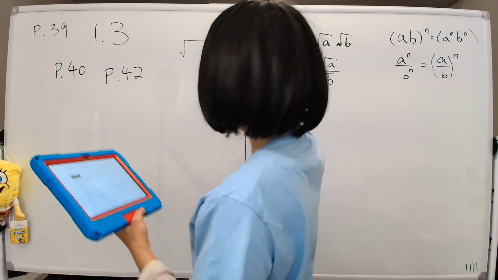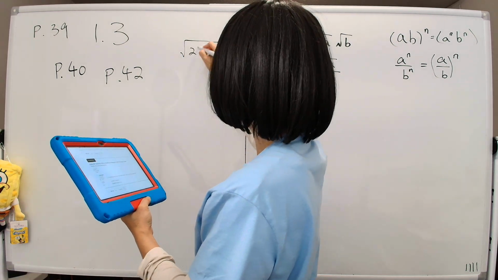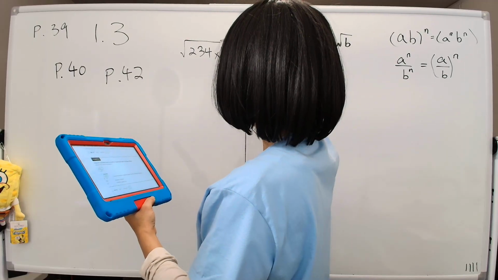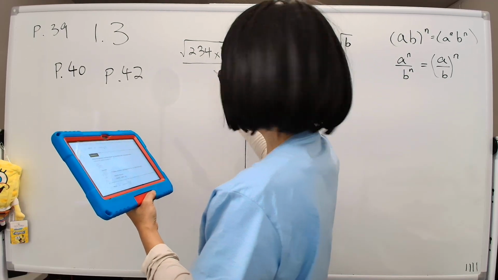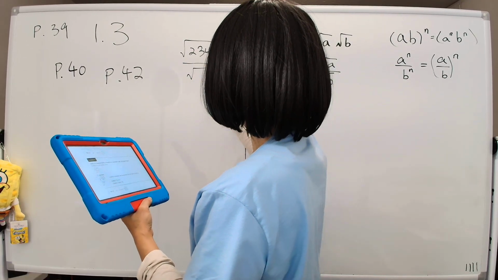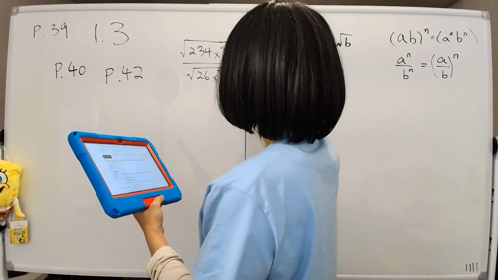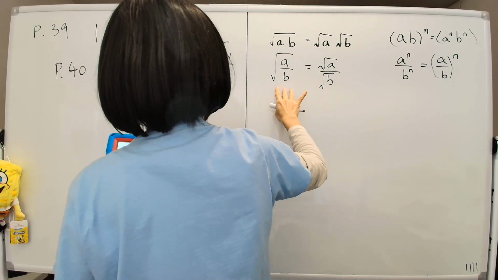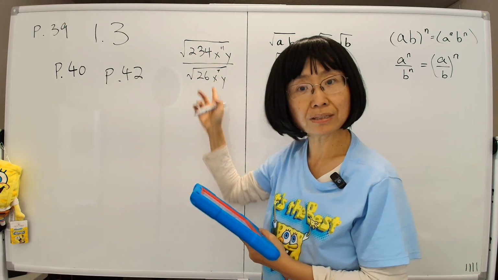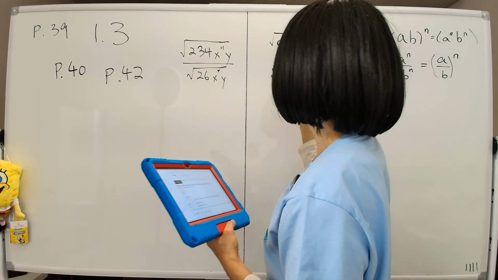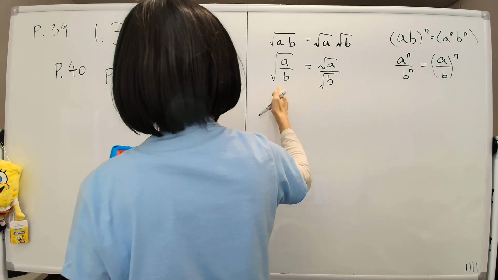We have a big complicated thing on top, 234 x to the 11 y, and then a complicated thing on the bottom, which is something about 26, and then x to the 7 y. Now we're first going to apply this theorem because there's a bunch of stuff in here we want to cancel out, if we could. This relationship right here allows us to cancel things out.